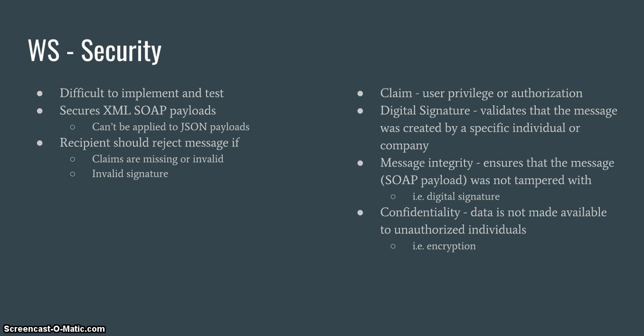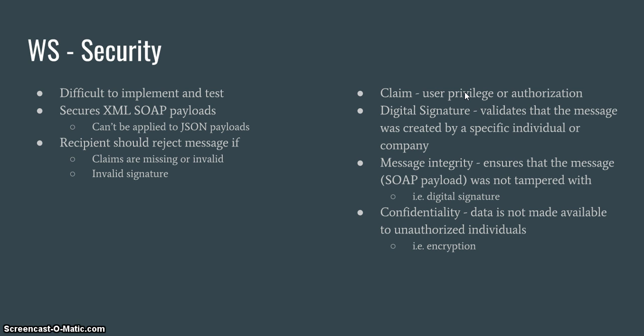and it allows you to have message integrity and also to make sure that an unauthorized party can't access your message. So these are a couple of terms that you should just be aware of. A claim is something that's included in the security header, and it provides authorization information.